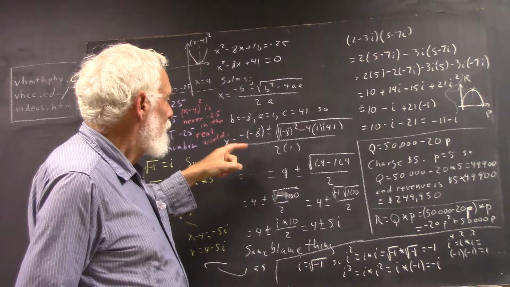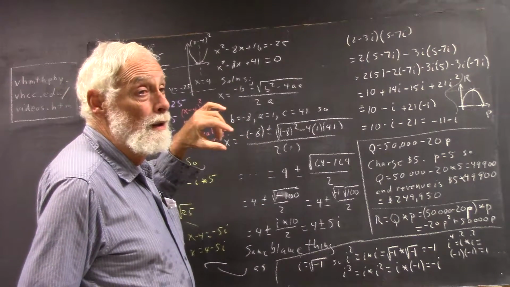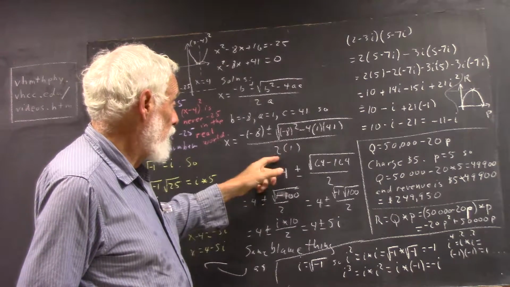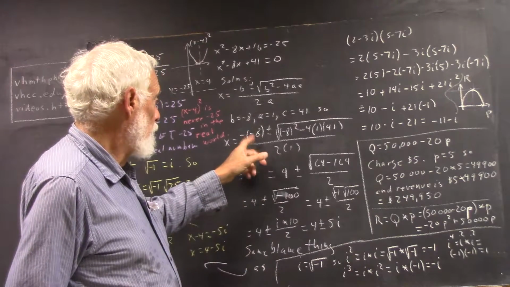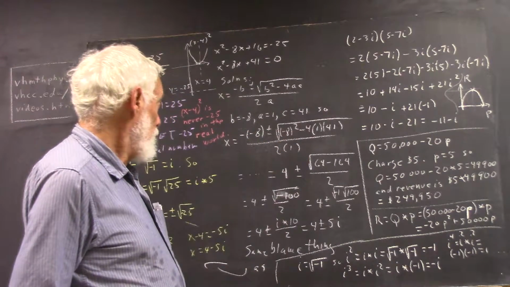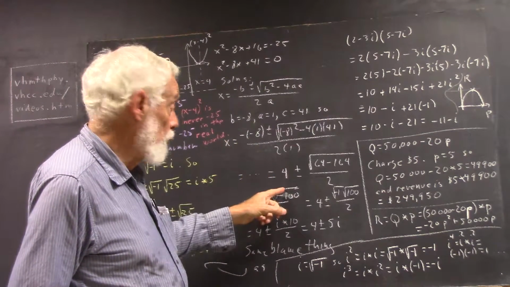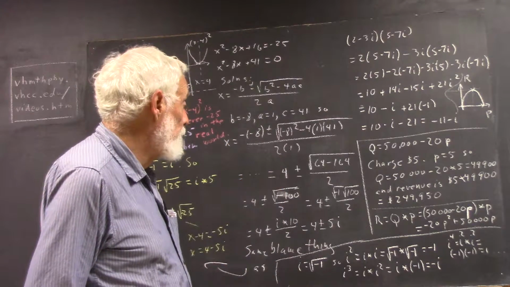Division being just multiplication by the reciprocal distributes over addition or subtraction, which means that dividing by 2 times 1, which is of course 2, distributes over the negative 8 and over this square root. So the negative of negative 8 is 8, divided by 2 gives you 4. So you're going to get 4 from this term divided by the denominator.